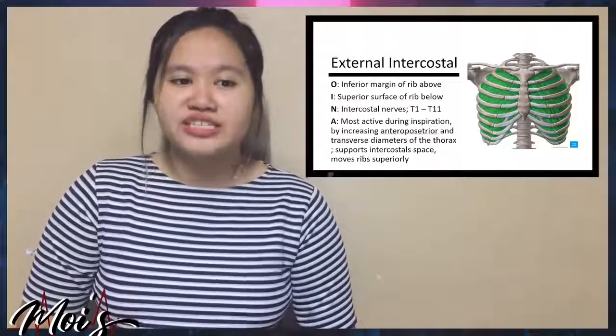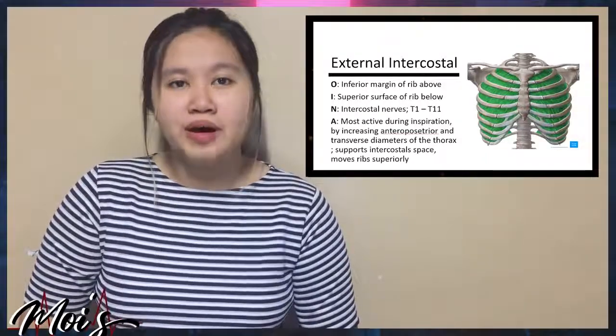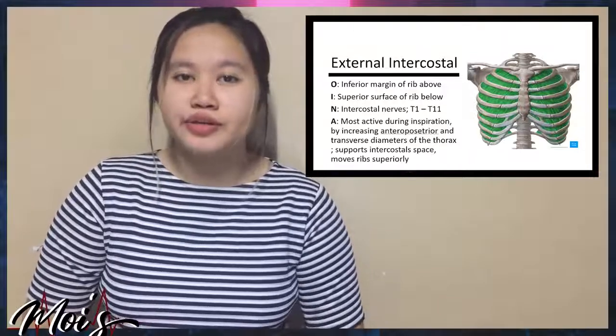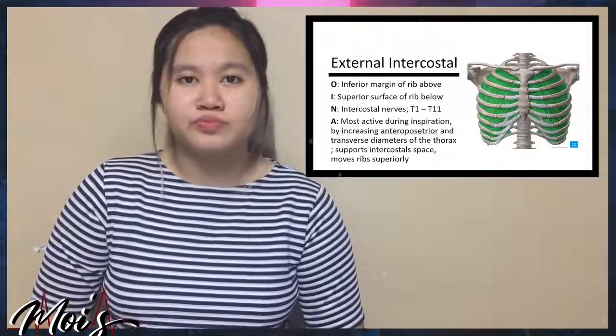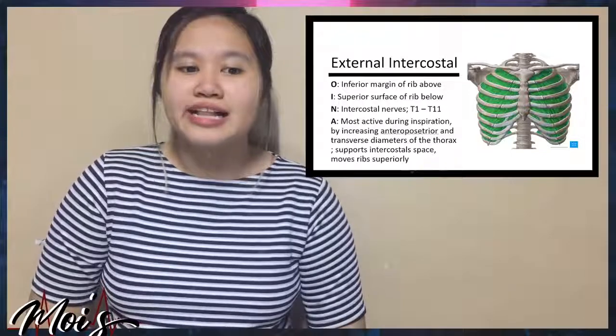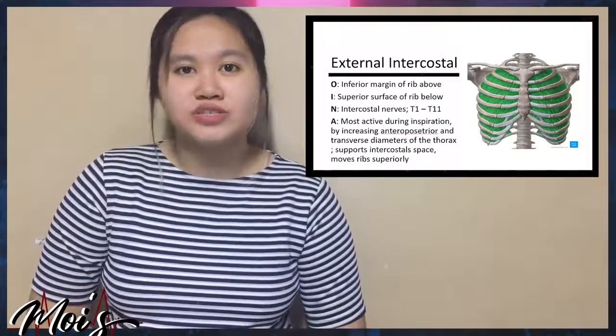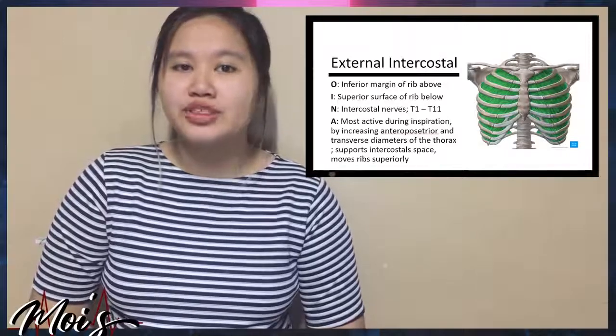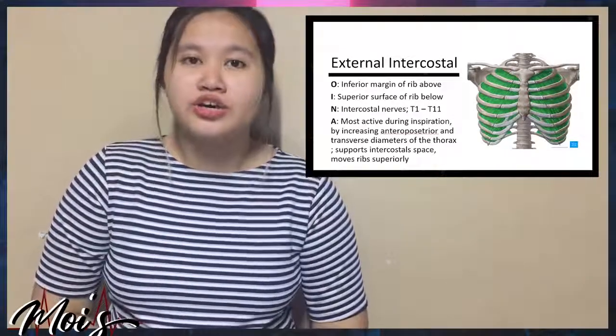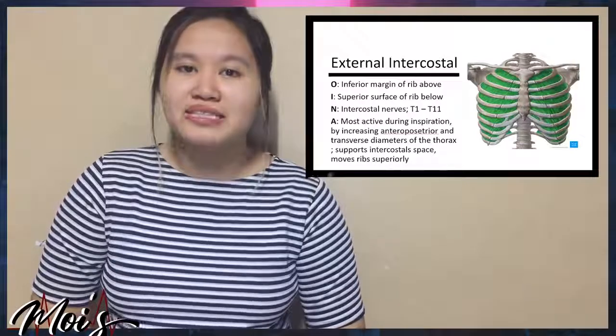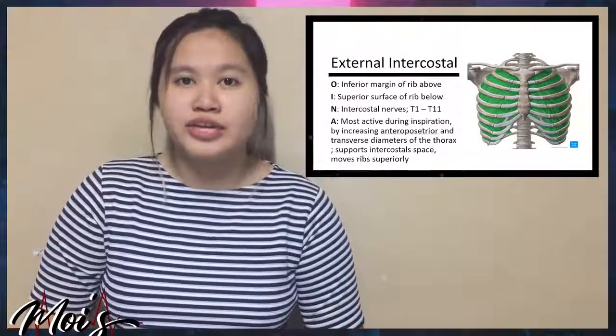It originates in the inferior margin of the rib above and inserts in the superior surface of the rib below. External is most active during inspiration by increasing the anteroposterior and transverse diameters of the thorax. Also, it supports the intercostal space and moves the ribs superiorly.